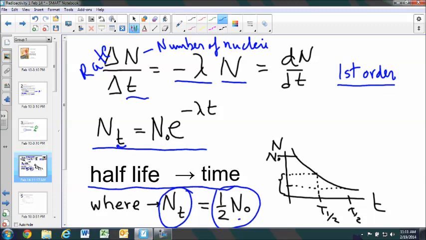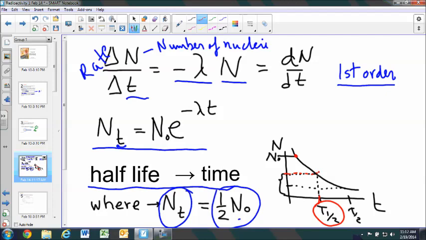This plot over here gives us an idea of how the number of atoms that I have at that particular time changes with time. So we see here, for instance, that if I start with a particular amount here that I will call L0 or N0, then if I move here to when I have half the amount, which will be this point over here, that would be what we call the half-life, T 1/2, right?